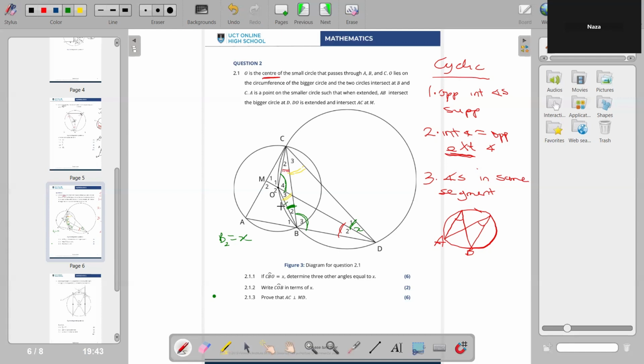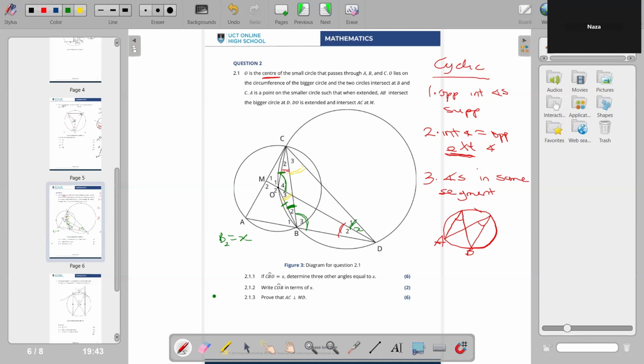This OB and OC are the radius of the small circle. And therefore angle C2 and B2 are equal because of angles opposite equal sides.